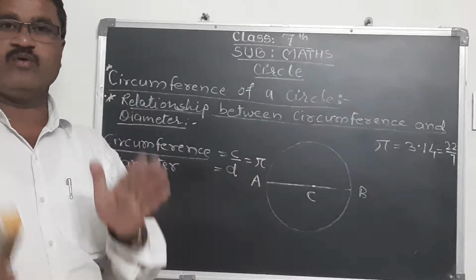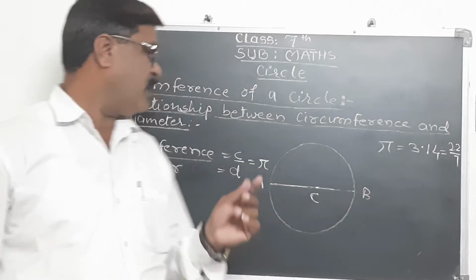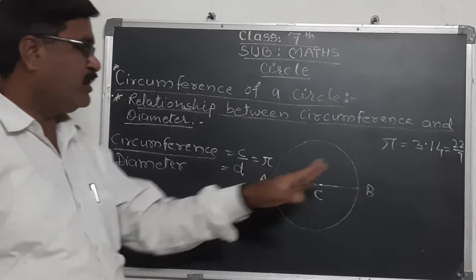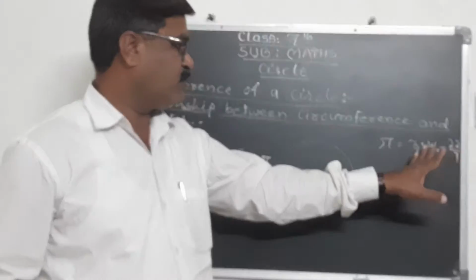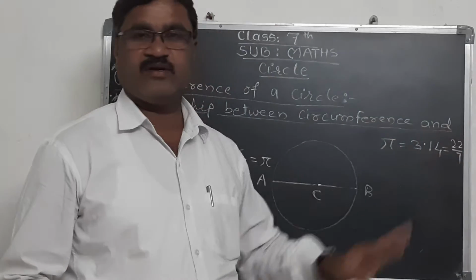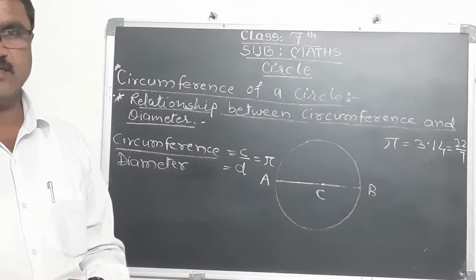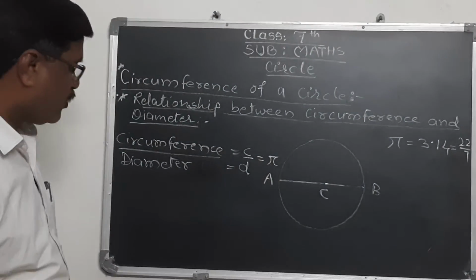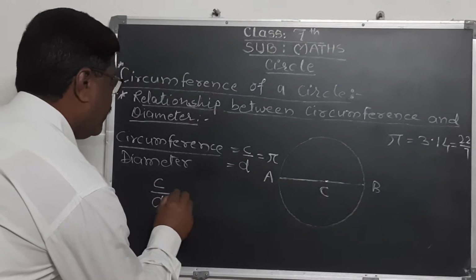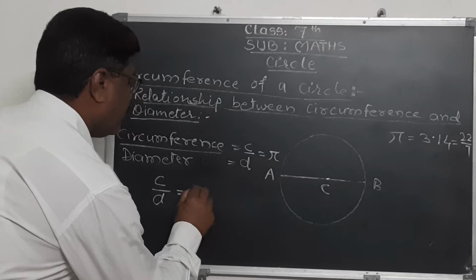Take any type of circle, and if we take the ratio of the circumference and the diameter, we will get the value of pi, which is 3.14 or 22 by 7. So we have C by D is equal to pi.